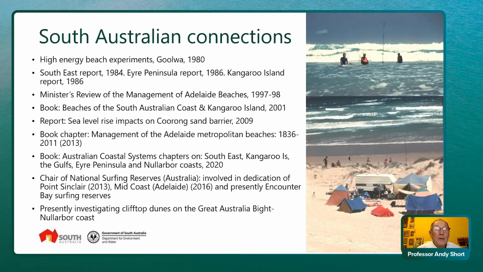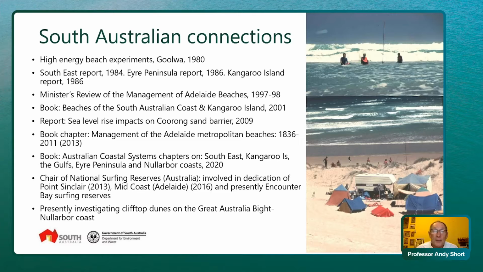And my most recent book came out early this year. It has 5 chapters on the Southeast, Kangaroo Island, the Gulfs, Eyre Peninsula and the Nullarbor coast. I'm also involved with the National Surfing Reserves Australia, and I've been involved in the dedication of surfing reserves over on the Eyre at Point Sinclair, in Adelaide on the mid-coast, and presently one is being developed in Encounter Bay.